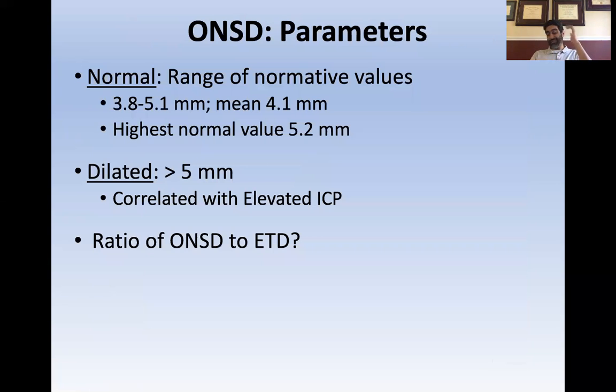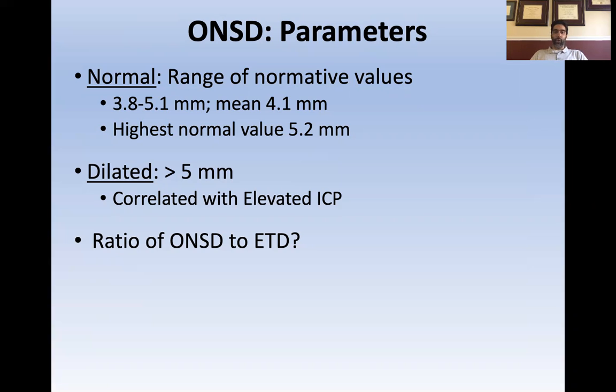Okay, there is a somewhat wide range of normative values. So this is in a relatively heterogeneous type of population when it comes to gender, age, in adults at least, and so on. There have been a couple studies looking at different ethnicities as well. But in these studies, the range of normative values for optic nerve sheath diameter went from anywhere from 3.8 to up to 5.1, with a mean optic nerve sheath diameter of around 4 millimeters.